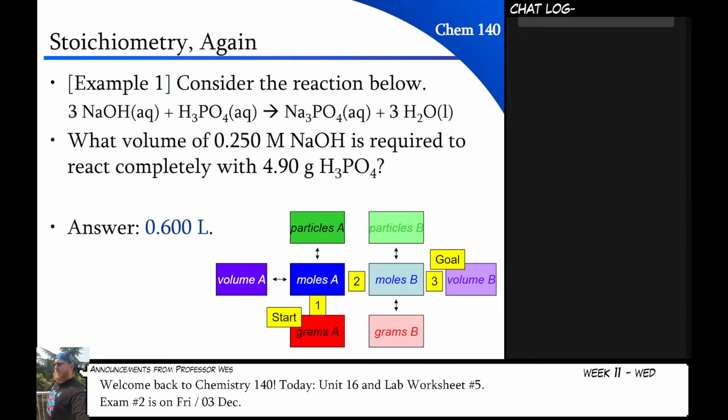In fact, Lab Worksheet number 5 involves a technique called titration, and I'm speaking slowly because I'm getting my tablet out. I forgot to do that. But titration is basically how you get these numbers, where I don't have the pen selected.